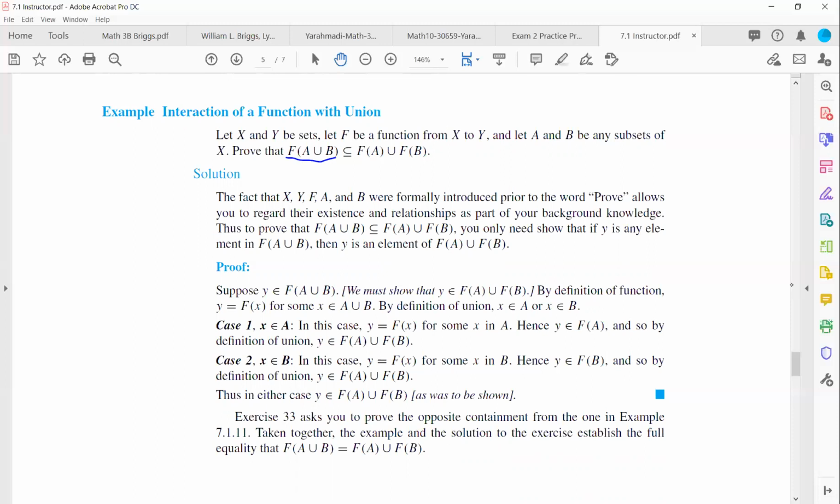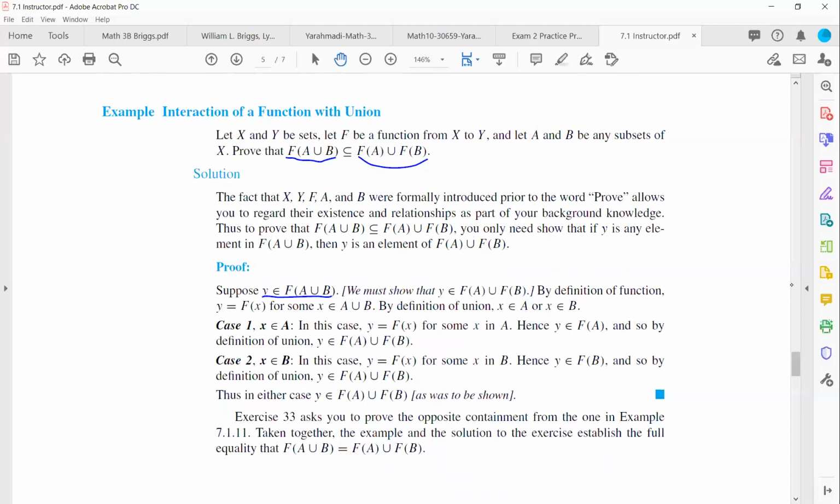We have the first set to be a subset of the second set. To prove that, you need to take a random element in the set on the left-hand side and show that that element lands in the set on the right-hand side.